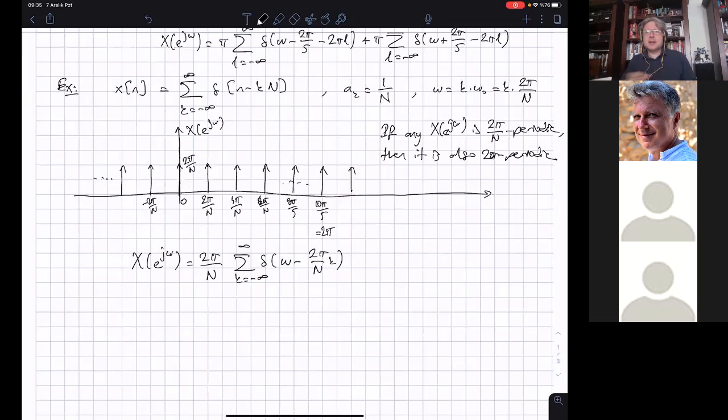As simple as this. This summation will automatically give you the Fourier transform expression, and it is naturally 2 pi periodic because capital N is an integer number.